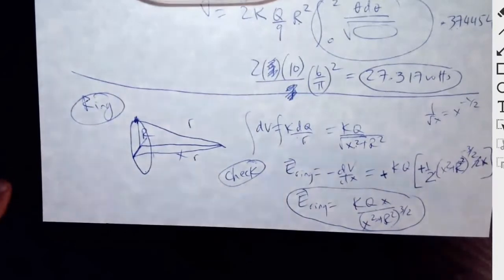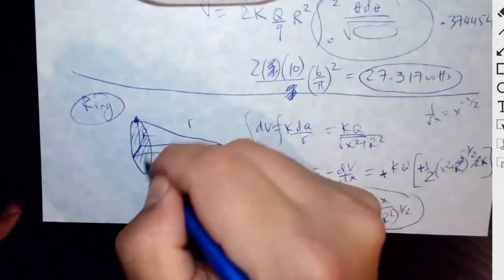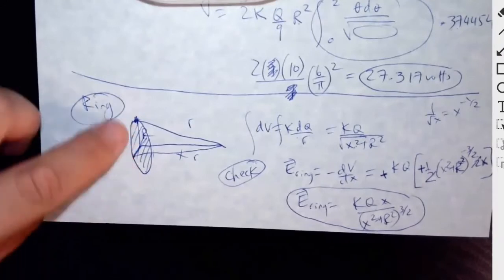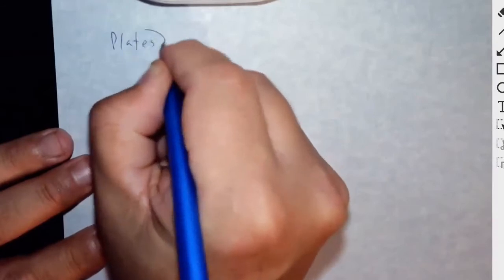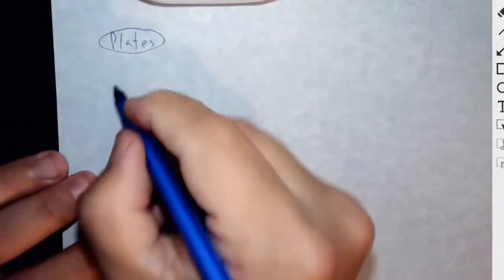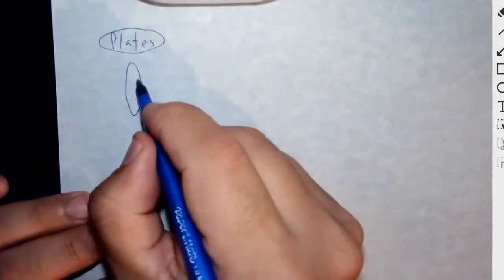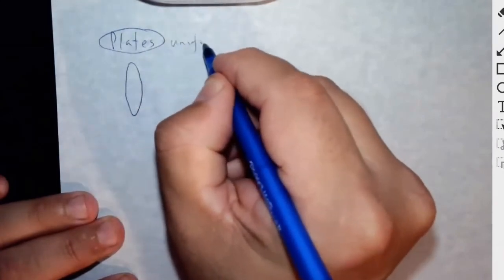Okay, now let's go to plates. Voltage of a plate is a little bit more work, because then we have to integrate over a bunch of rings. So let's do a uniform charge plate.